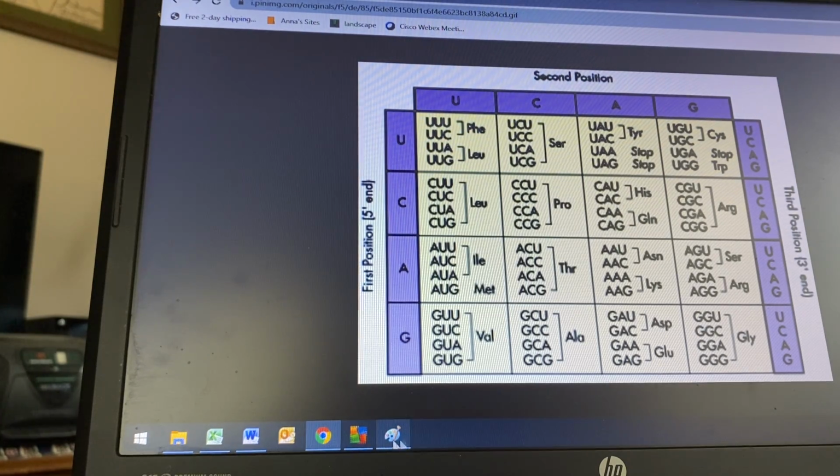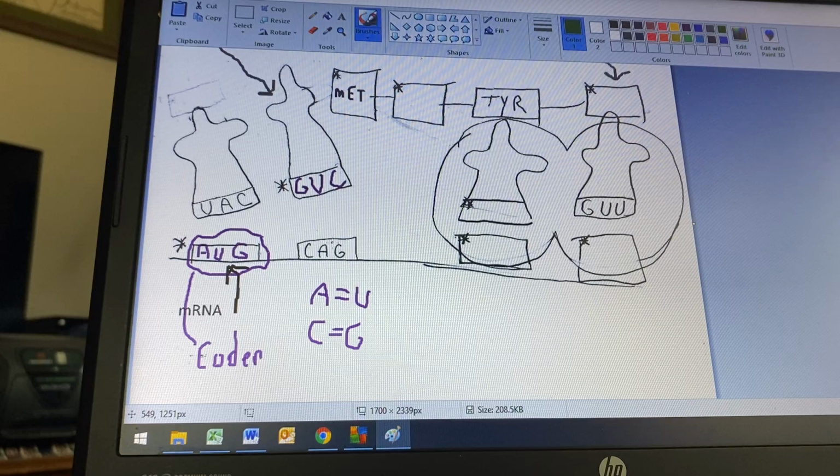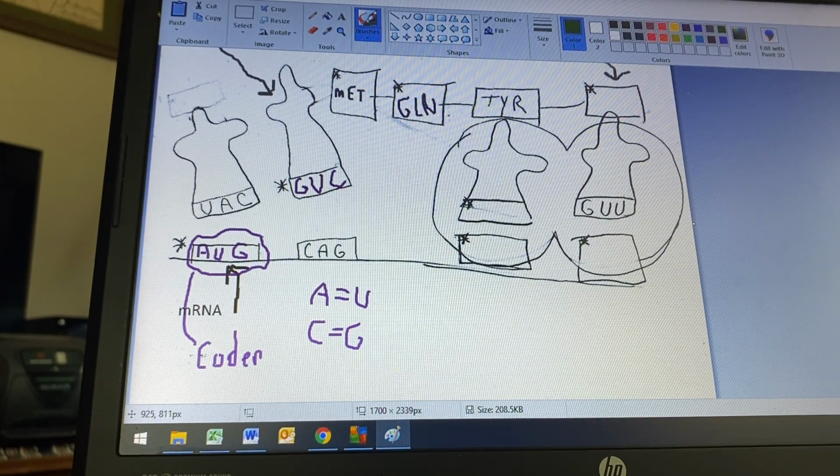Okay, so we go back and we put GLN for glycine. That's the kind of abbreviation for it. Sorry about this. It's kind of clumsy here.